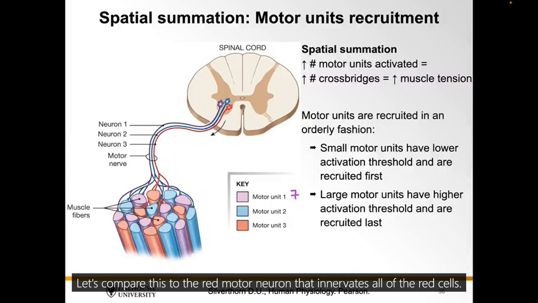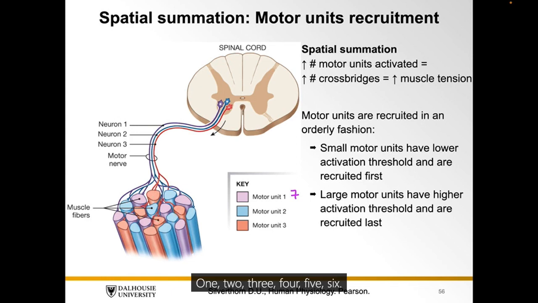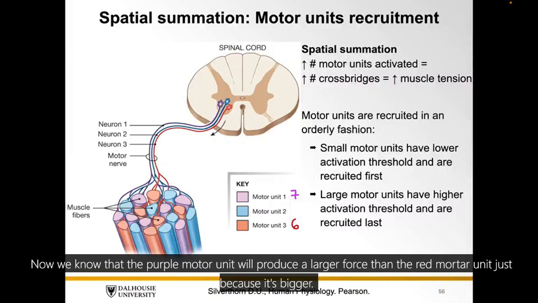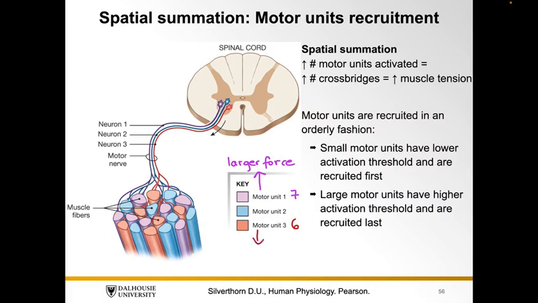Let's compare this to the red motor neuron that innervates all of the red cells. 1, 2, 3, 4, 5, 6. So there's 6 cells in the third motor unit. Now we know that the purple motor unit will produce larger force than the red motor unit just because it's bigger.